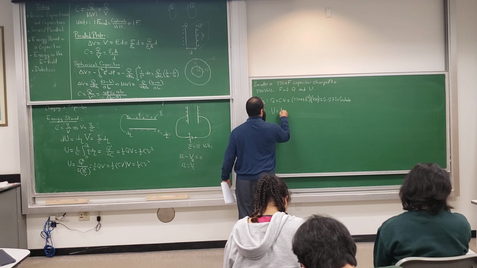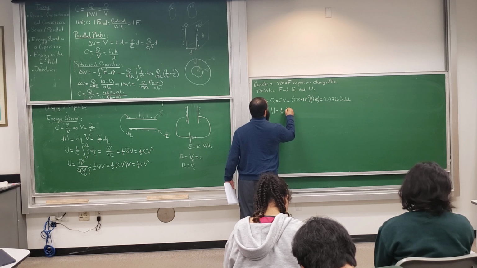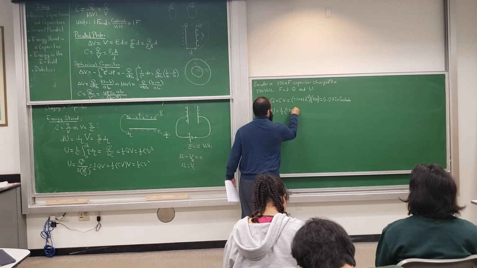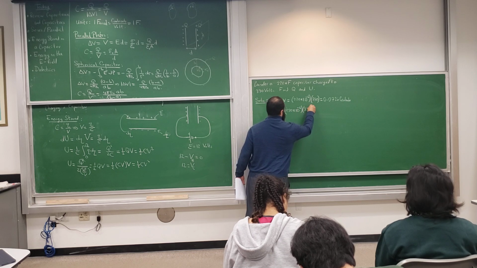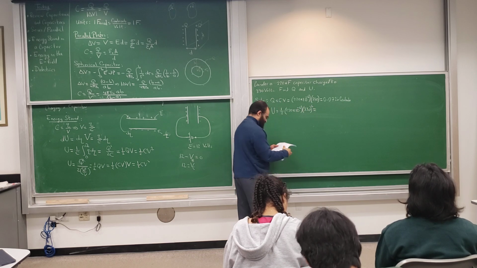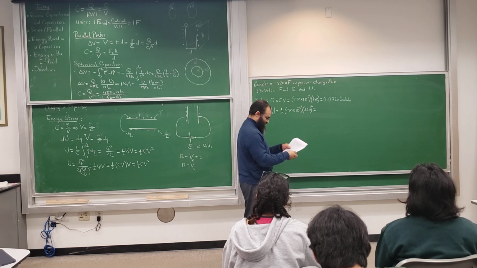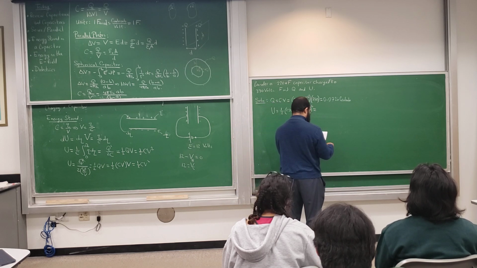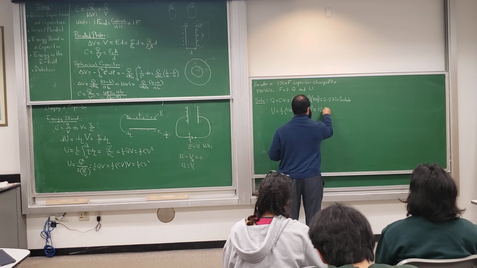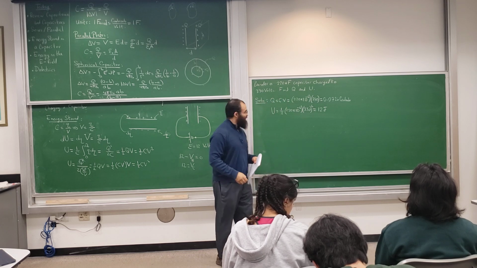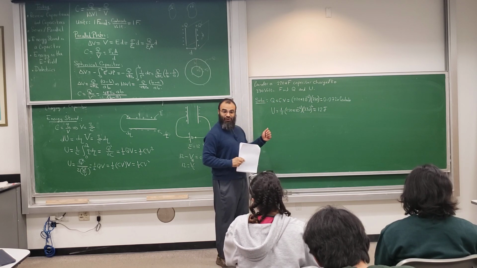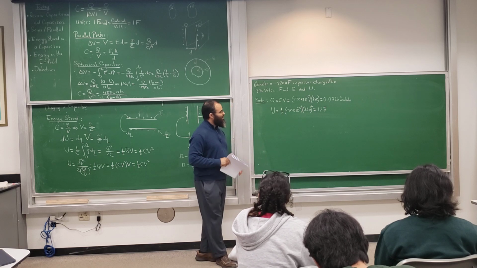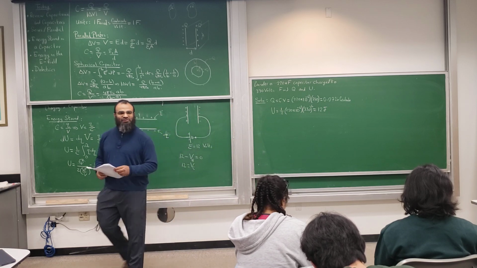U is 1/2 of C, which is 220 times 10 to the minus 6, times V, which is 330 to the power 2. This one I do have the answer to. It should be 12 joules, more or less. Alright, so I rounded. So 12.